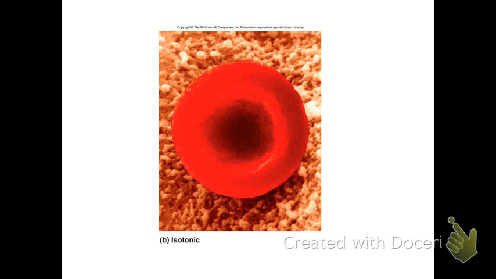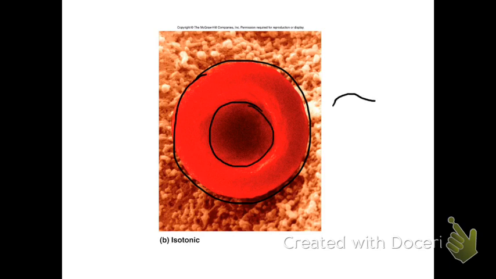So here is the normal appearance of a red blood cell. You'll see a lot more about red blood cells in the course. But there's actually an indentation in the cell. It kind of looks like a river tube. A red blood cell from the side is said to be biconcave. Kind of looks like a dog bone.